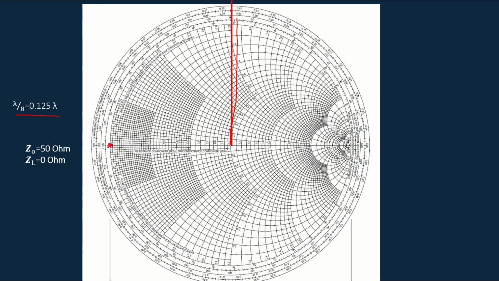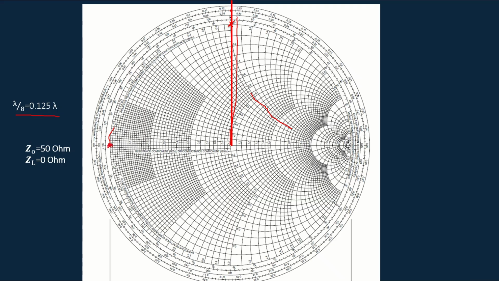So this is my short, and this is the outer circle. If I trace that and this point, we can see that this is the intersecting point. That intersecting point shows 1. So this is that inductance line, overlapping with this line. So this has a value of 1.